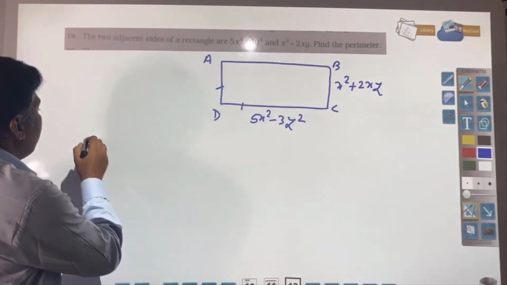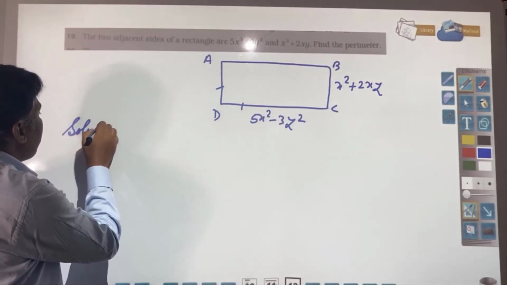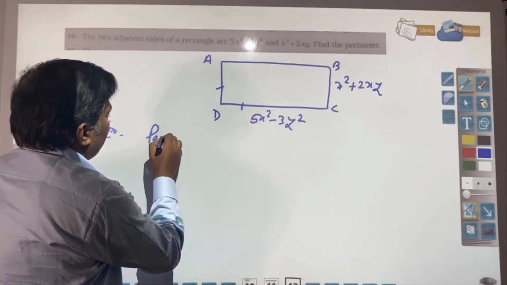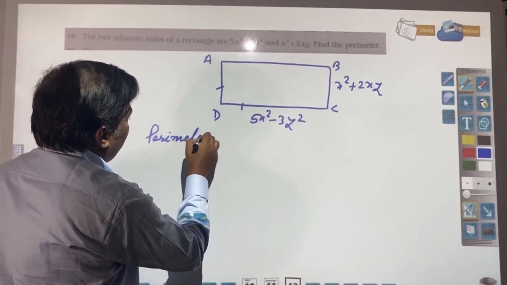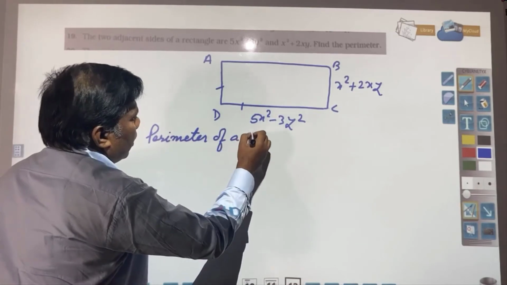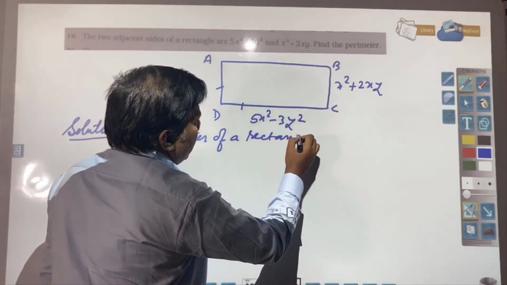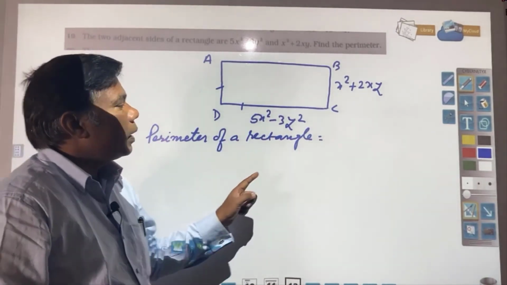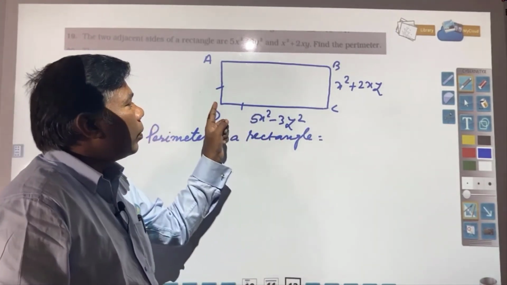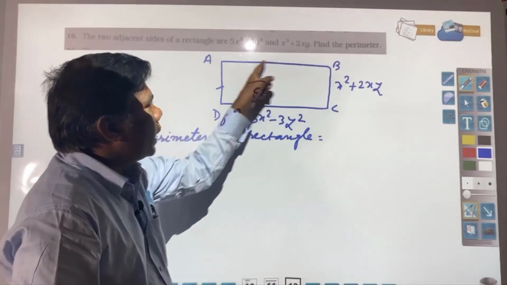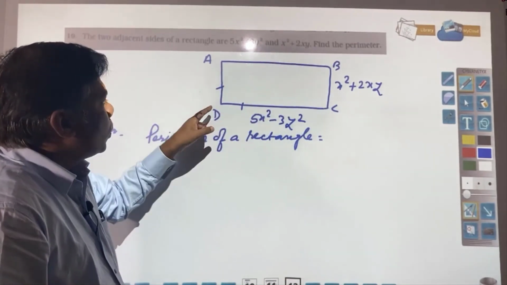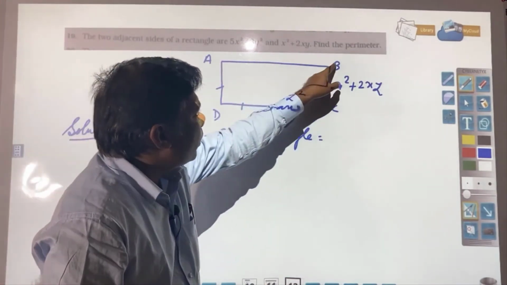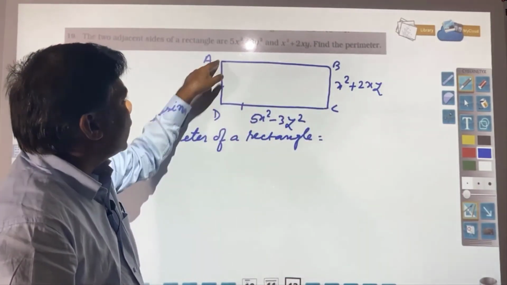Always remember, perimeter is the total length of the boundary of the given shape or figure. So the total length will be AB plus BC plus CD plus AD.